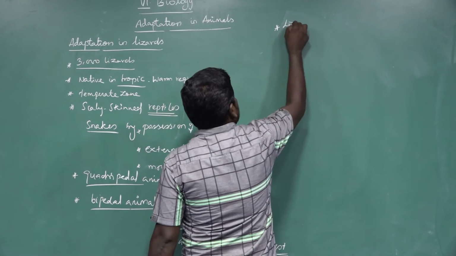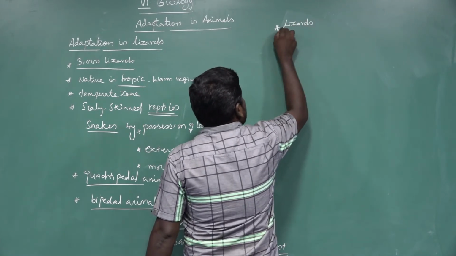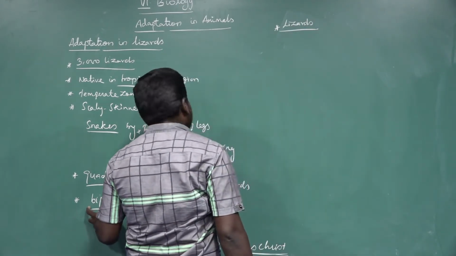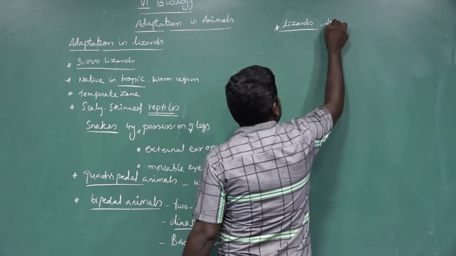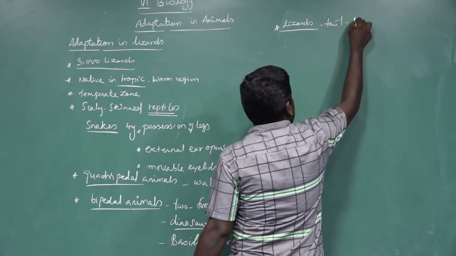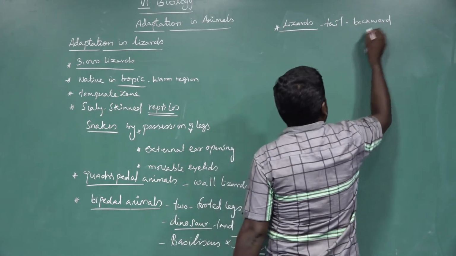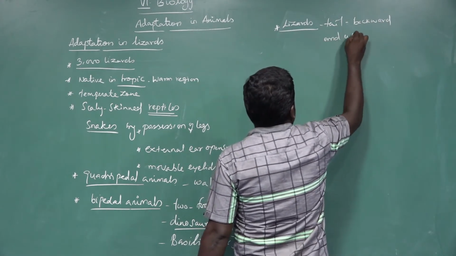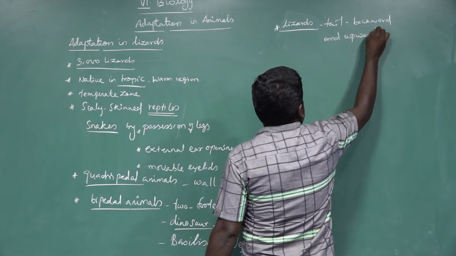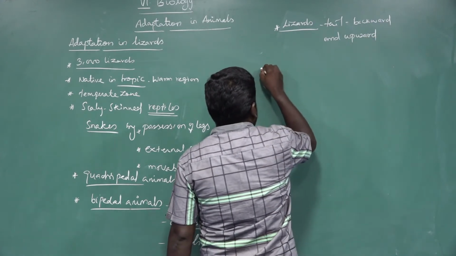In most of the bipedal lizards, the tail region is backward and upward. For example, dinosaurs.